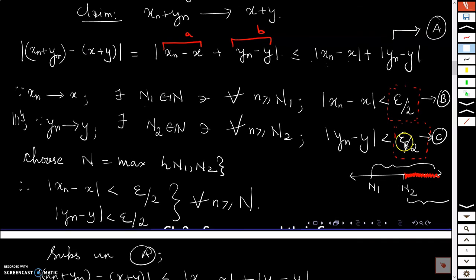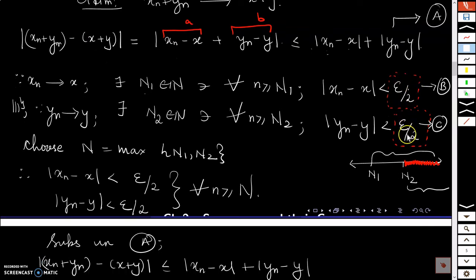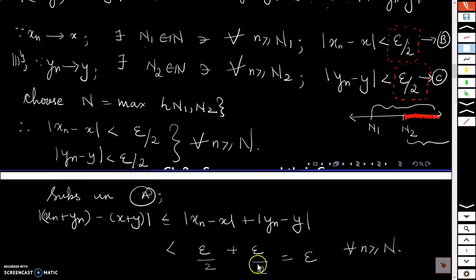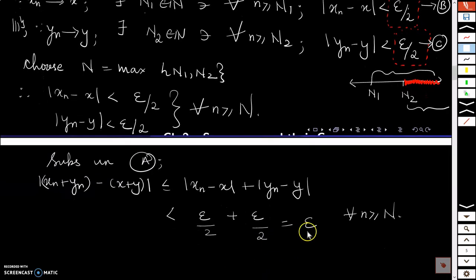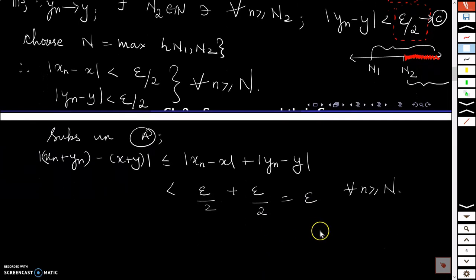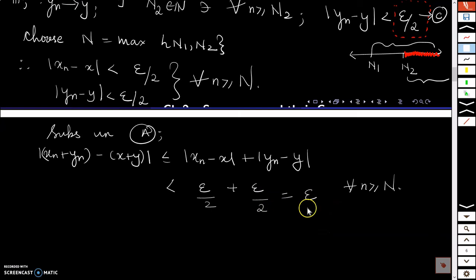So it makes sense. If you choose epsilon by 2 and epsilon by 2 here, finally you'll end up with epsilon, and that's what we wanted. You can also keep this as 2 epsilon, it doesn't make a difference actually. But I wanted to present it the way I have given the definition. So I changed that to epsilon by 2 at both the places, and finally we have epsilon.